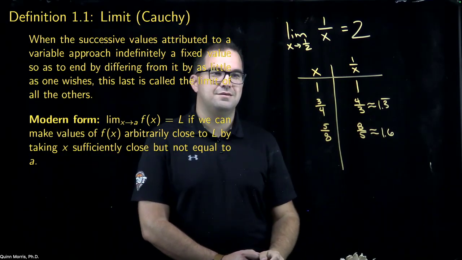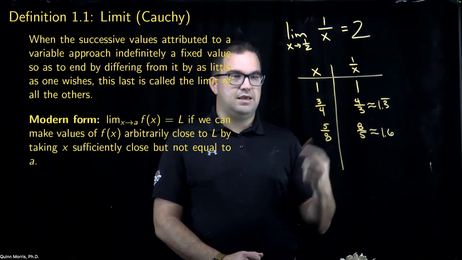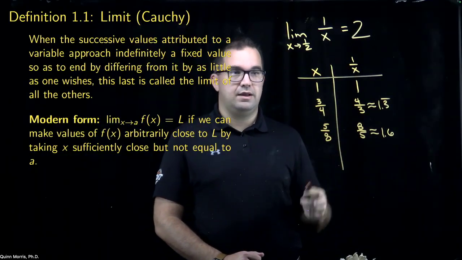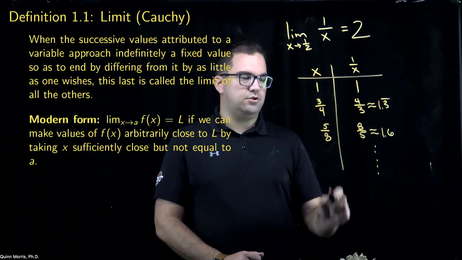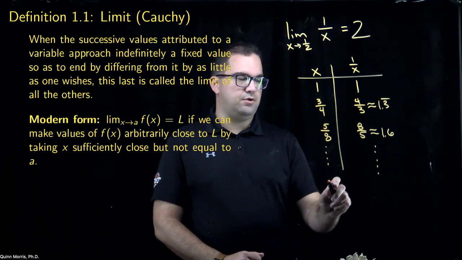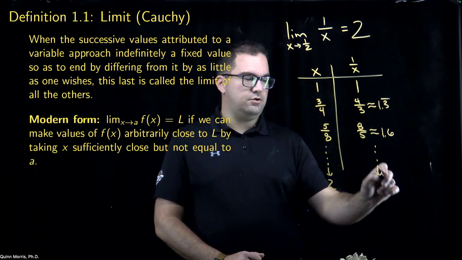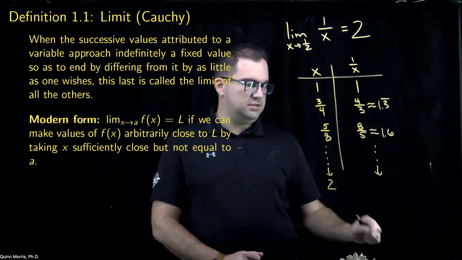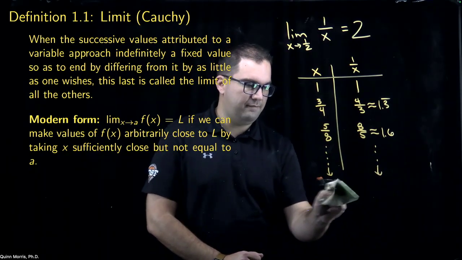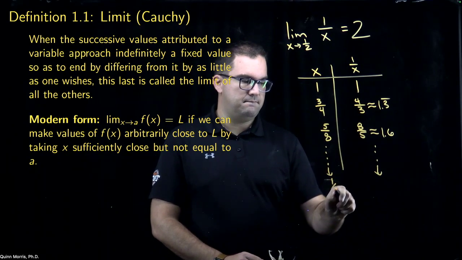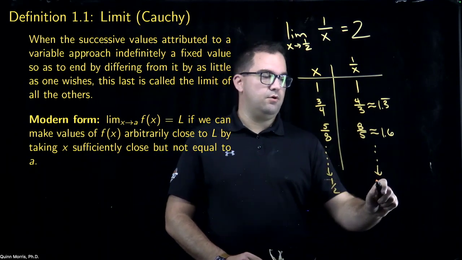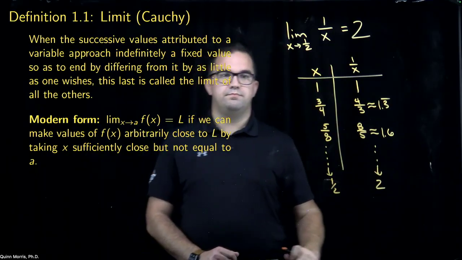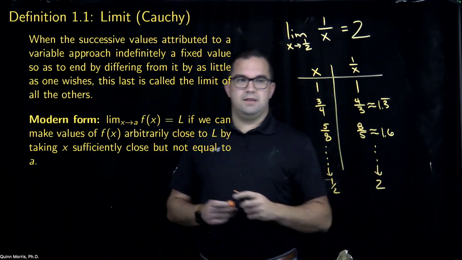It's 1.6. Okay. And we could keep going in this way, and we would notice that as these values go to 1/2, these values appear to be going to 2. Okay.